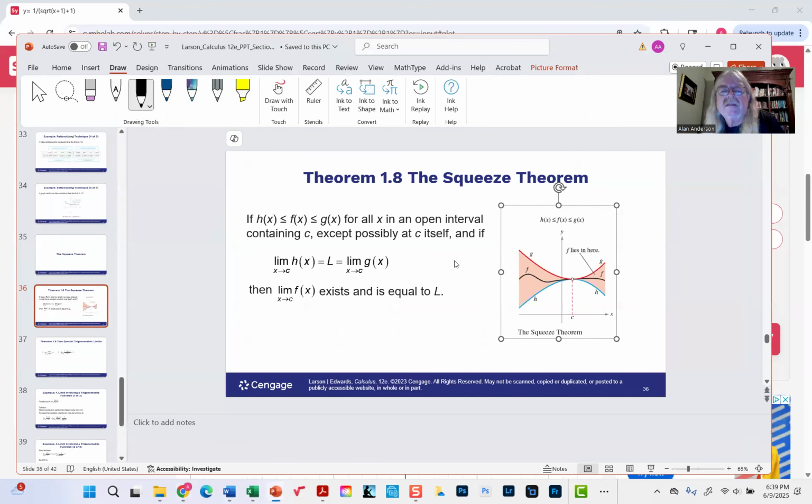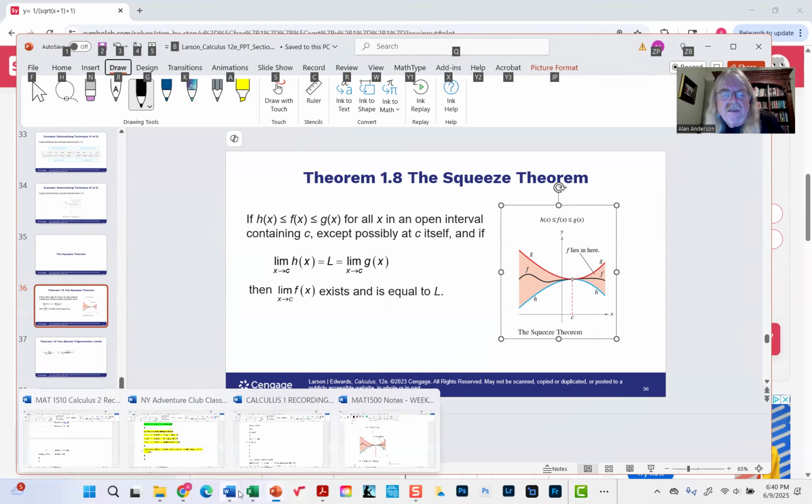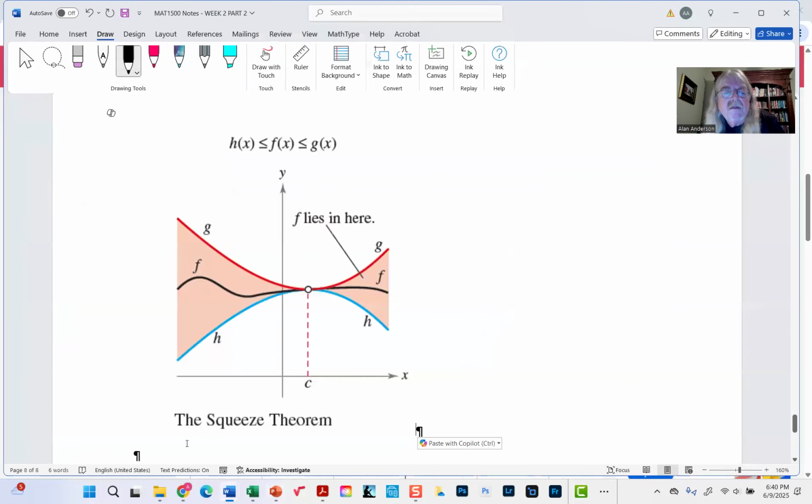And basically what the squeeze theorem is saying is that if the limits of h and g of x match each other at that point, then the same must be true of f of x. That's the only point where this is true.